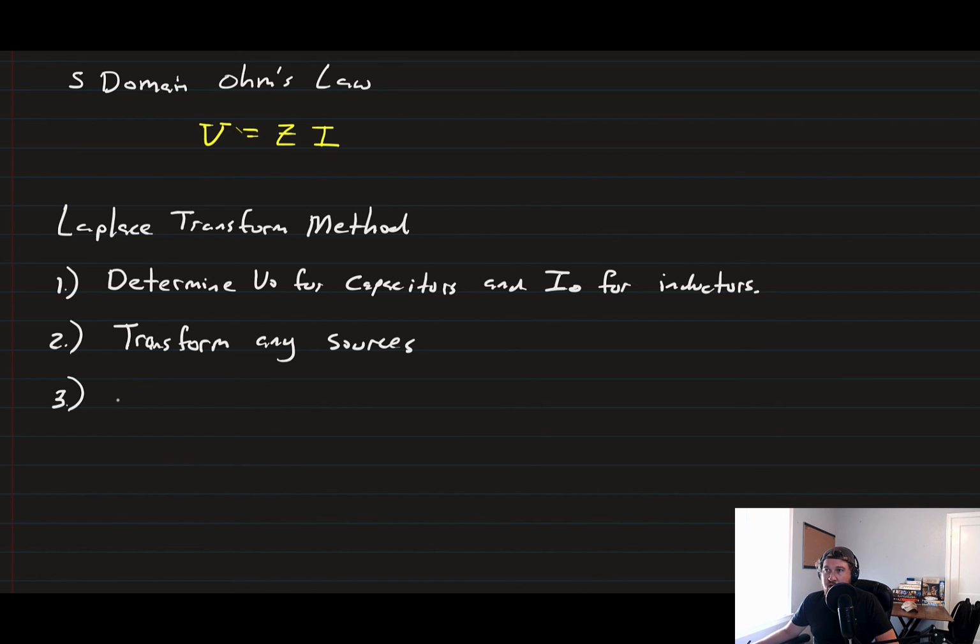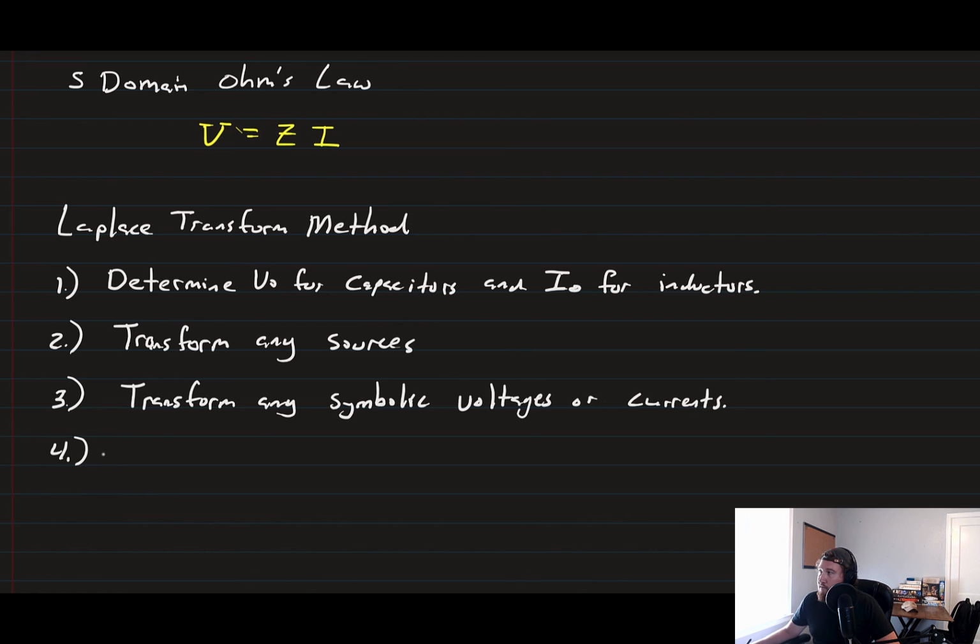If the circuit model that we're given already has some voltages or currents defined anywhere in the expression, go ahead and transform those. So we'll say transform any symbolic voltages or currents. That one doesn't happen very often, but there it is.